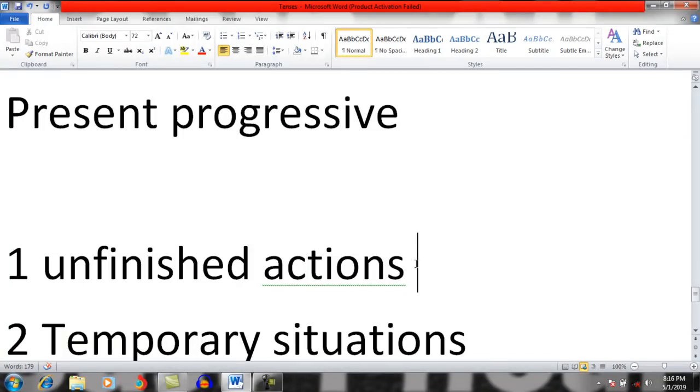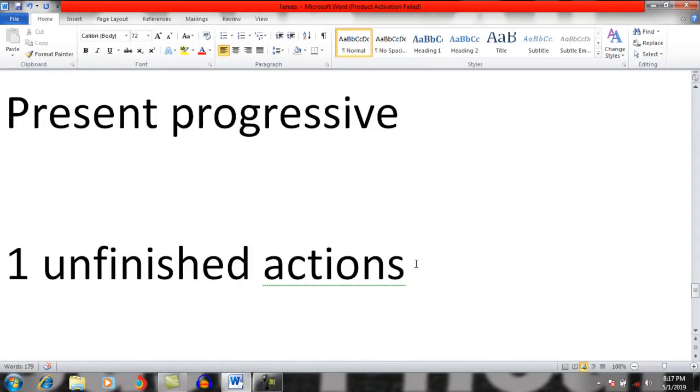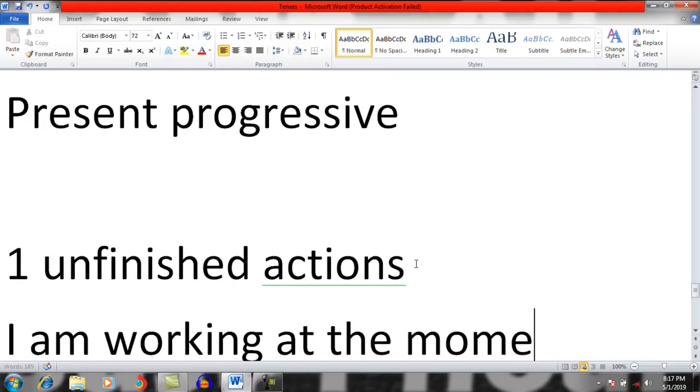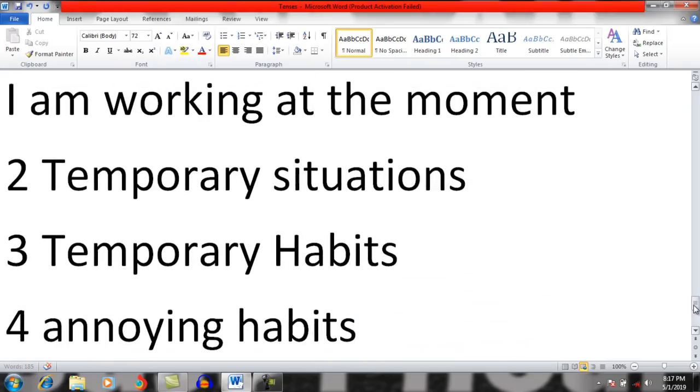So simply you can start like this: I'm working at the moment. I'm working at the moment means I'm still working and my work isn't finished. So for those actions or activities which are unfinished at the moment, we use present progressive.